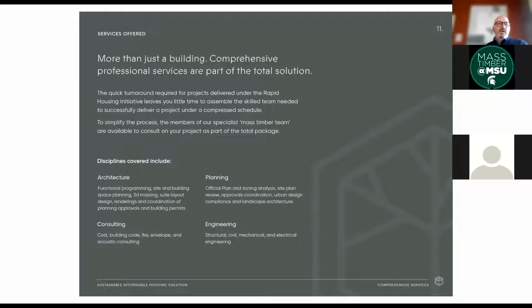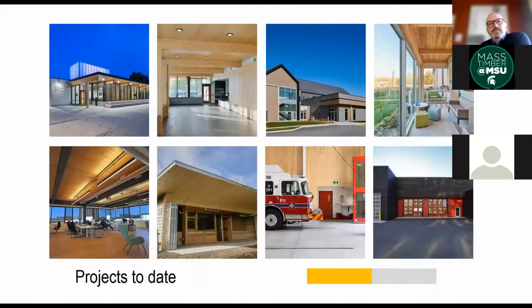So not only are we making the products available, but we're making those services available to anybody who wants to build affordable housing. In the absence of an owner or architect's preference for their own consultants to involve in a project, we have a whole host of people that we can introduce to your project, so we can offer an integrated suite of not only products, but services to help handhold those projects come to fruition. Next slide, please.